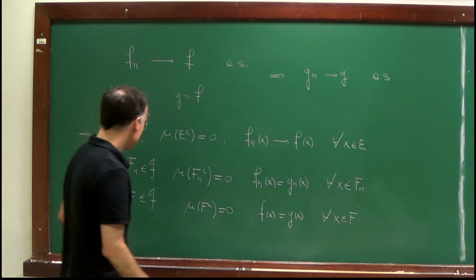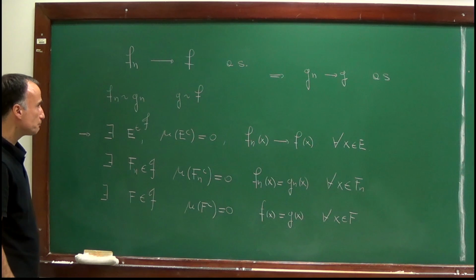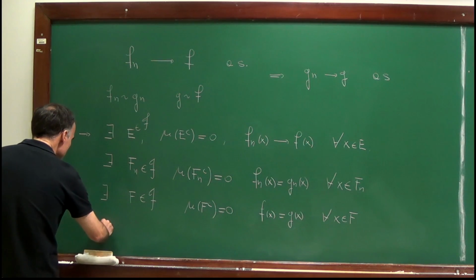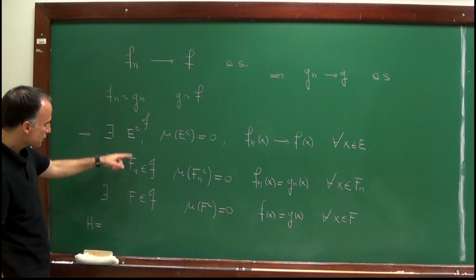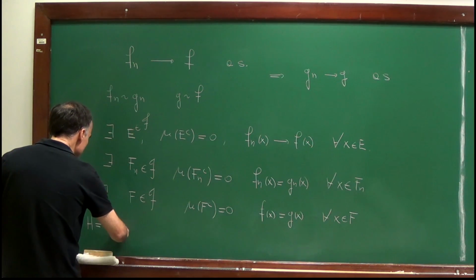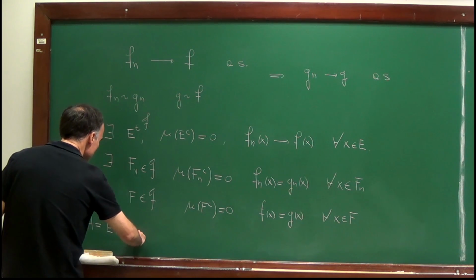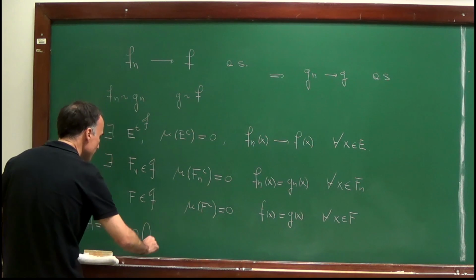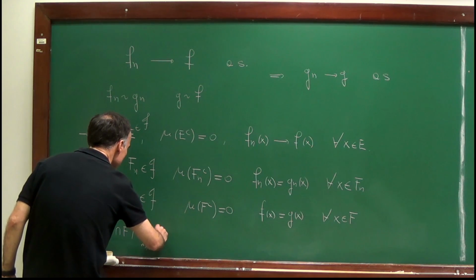Okay. So now let's define the set H. H will be just the intersection of all these sets. So H will be E intersection F intersection the intersection over all n larger than 1 of the set Fn.